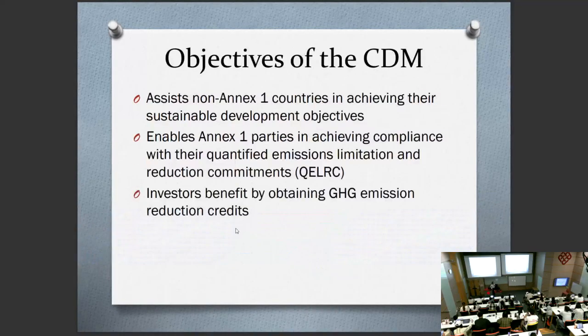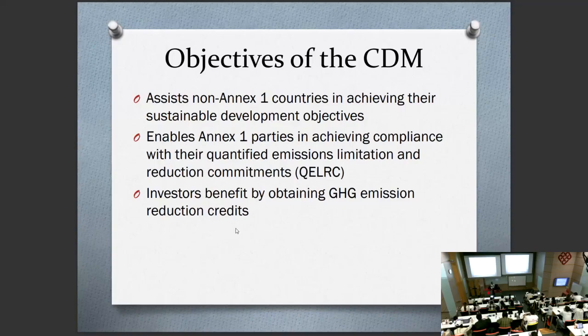The objectives of the clean development mechanism: it assists the non-NS1 countries in achieving their sustainable development objective, enables NS1 parties in achieving the compliance with their quantified emissions limitations and reduction commitments, and investors benefit by obtaining the greenhouse gas emissions reduction credits.